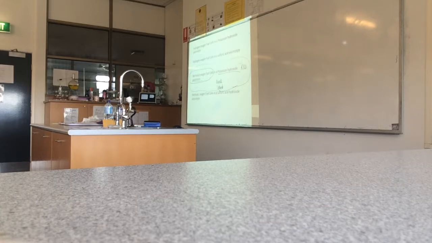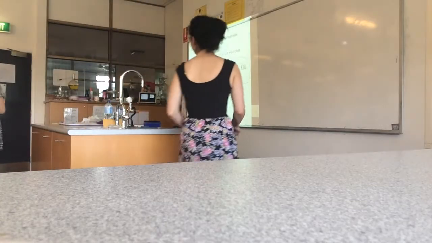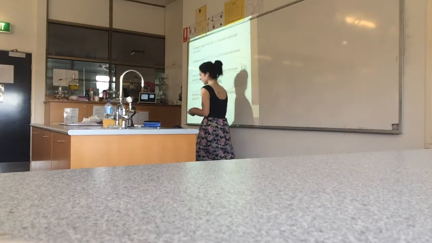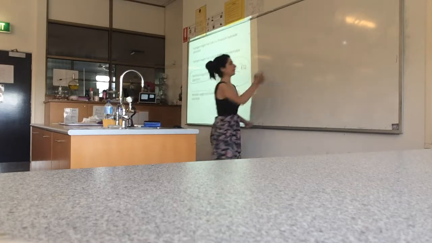How many oxygens? 1, 2, 3, 4, that's 5 on that side, and 4 on that side. So that shouldn't be a 2, that should be a 1.5. And then you can change it to 2, 3, 4, 2.